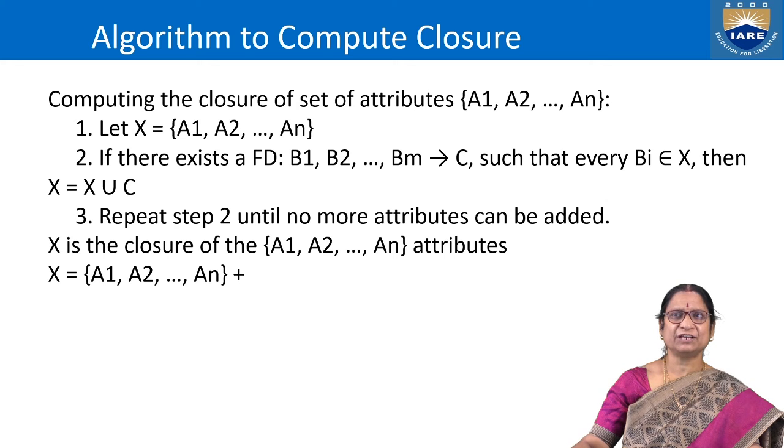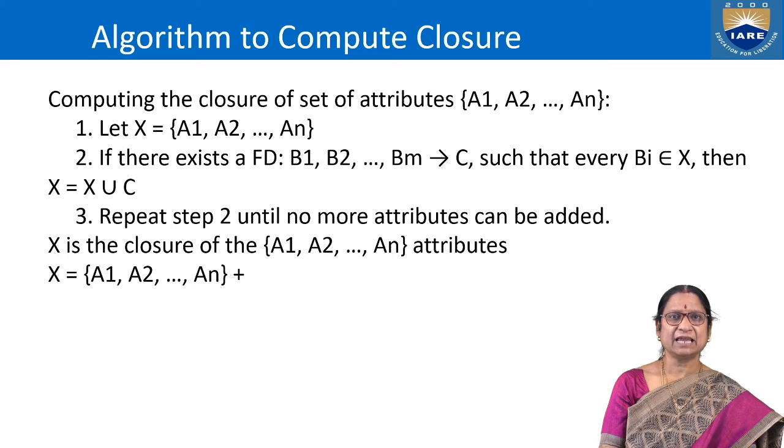Compute the closure of the set of attributes A1, A2, ..., An. That set I am representing with an X. What do I need to check? Initially, all these attributes for which I am finding the closure form the closure itself, so X is equal to all my attributes for which I am supposed to calculate the closure.